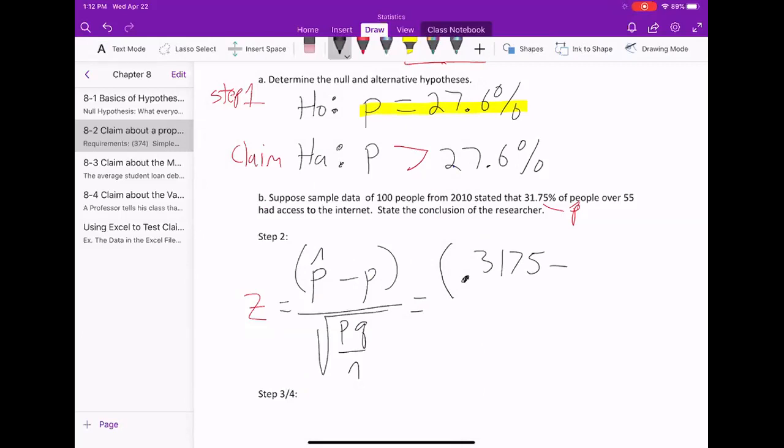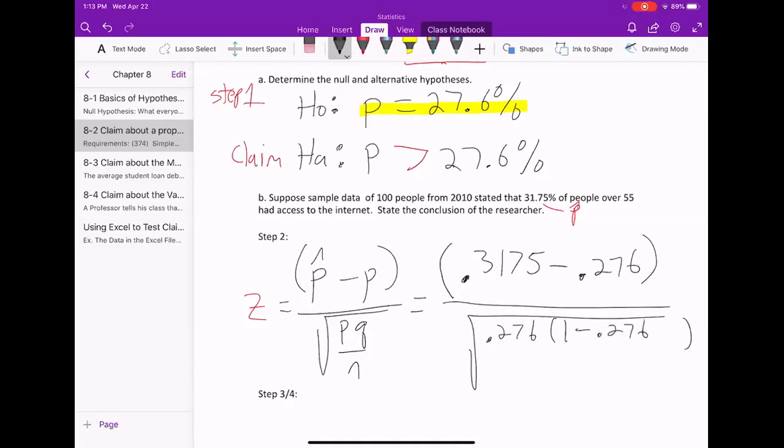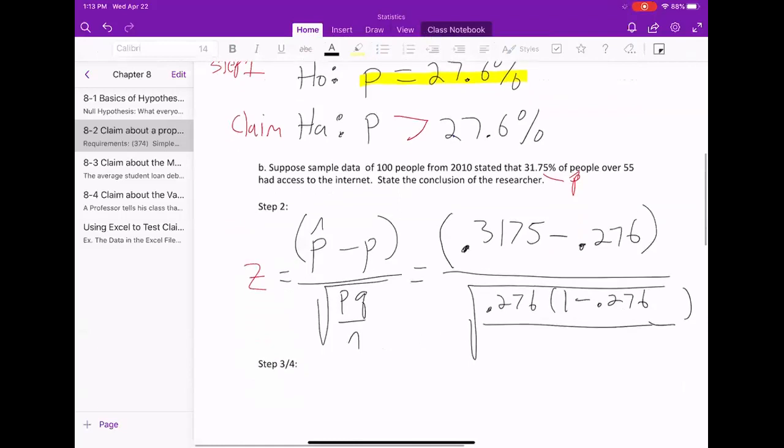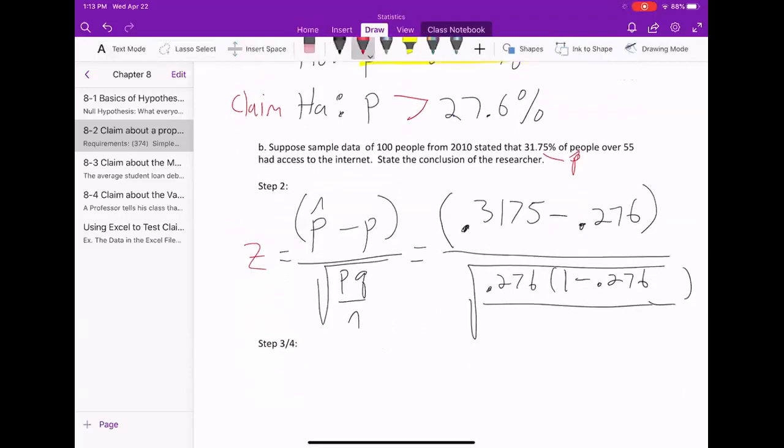So I put in 0.276 over the square root of 0.276 times Q. How do I find Q? Subtract P from 1. Yes, so 1 minus 0.276. And then N is how many people I talked to, and I talked to 100 people. Yeah, right there, 100 people. So there is my N.